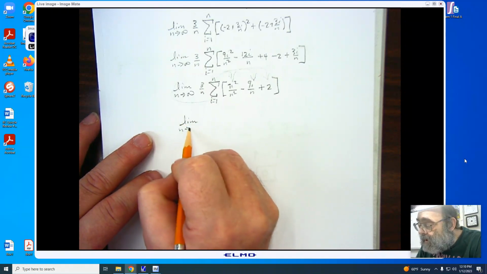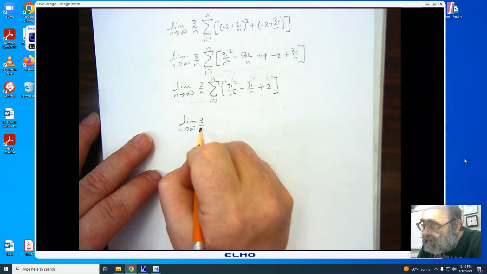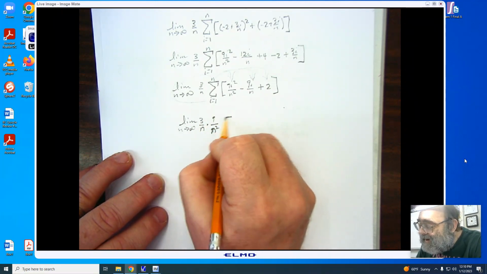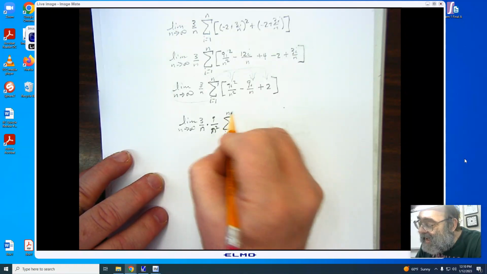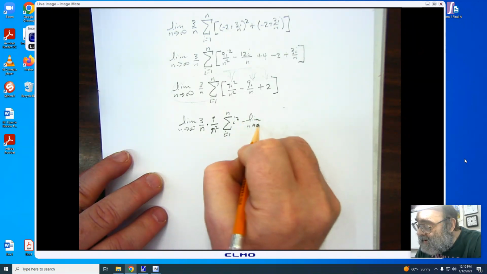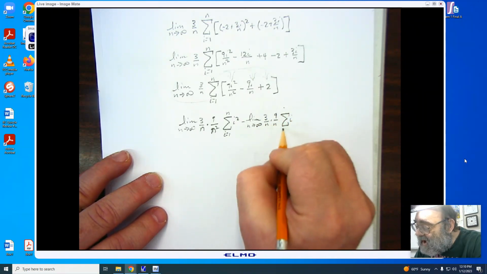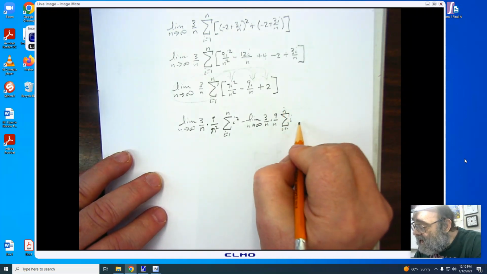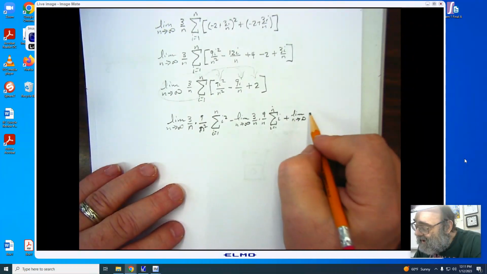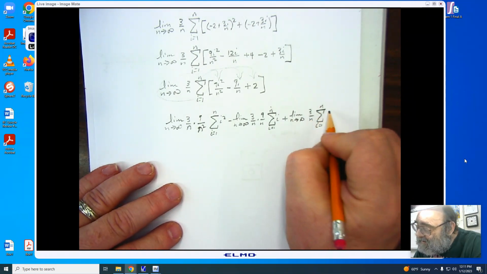The limit as n approaches infinity of 3 over n times 9 over n squared, summation as i goes from 1 to n, and I'm putting in i squared, minus the limit as n approaches infinity of 3 over n times 9 over n times the summation of i, and then I have plus the limit as n approaches infinity of 3 over n times the summation, i going from 1 to n, of 2.